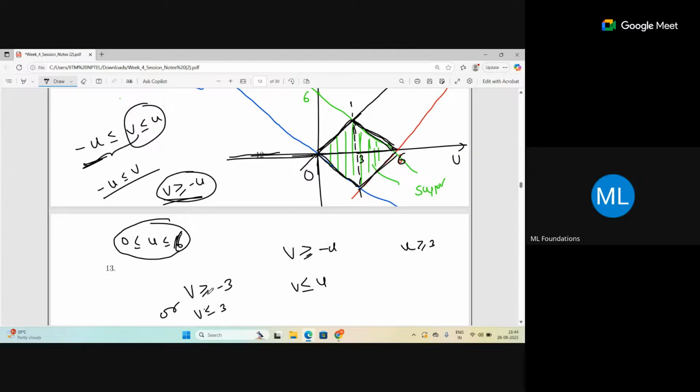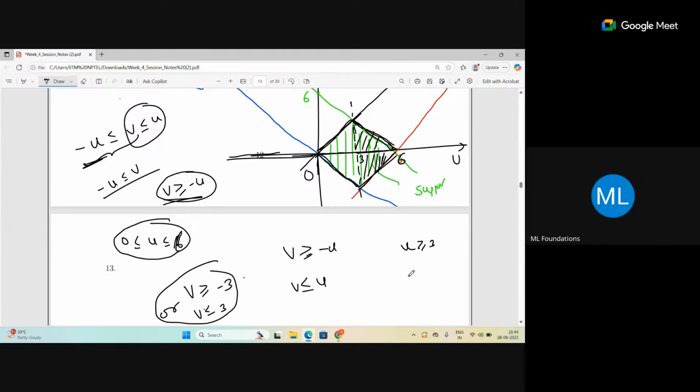Which region is this? This one plus this one, right? If I add these two, is that fine for all of you? Yes. v less than or equal to 3 and v greater than or equal to minus 3 is showing this portion, right? Yes, plus this portion.